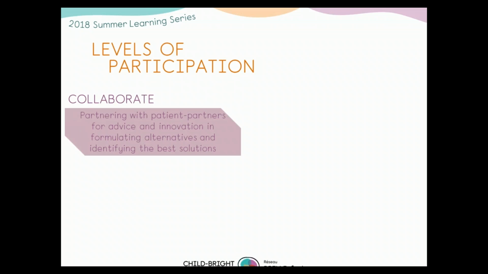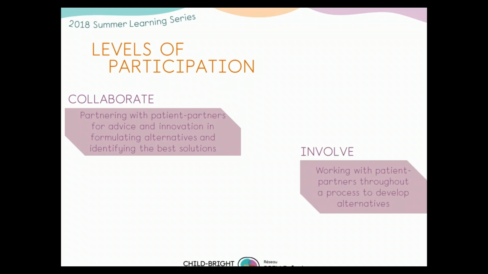For example, when the goal is to collaborate with members of the public, the goal is to partner with patient partners and work together for advice and innovation in formulating alternative options and identifying the best solutions. Other rungs on the ladder include involving the public, where at this stage you are working with patient partners throughout the research process to develop viable alternatives.